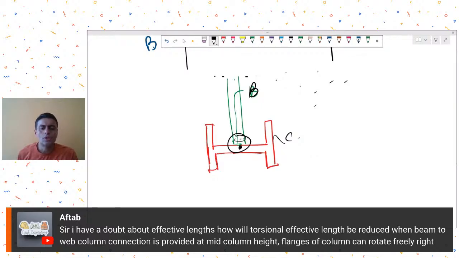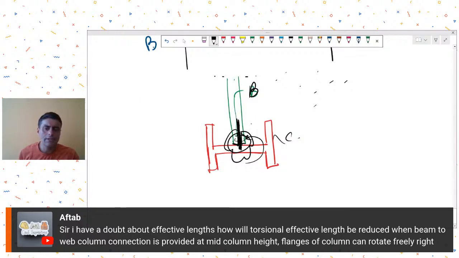Strictly speaking, if you have not made any arrangements to restrict the torsional twisting, generally this kind of connection, even though it's a beam to column web connection, can still be idealized as providing torsional restraint also, because when it tries to torsionally twist, because of the resistance that is provided, it will still help you resist the torsion.